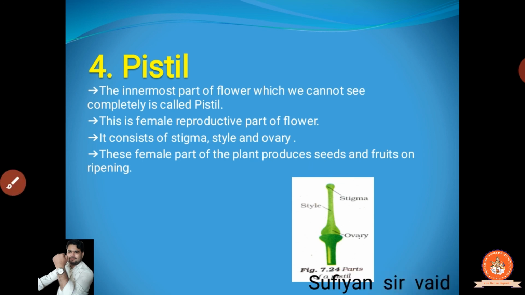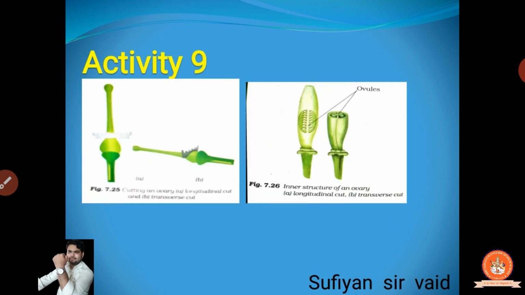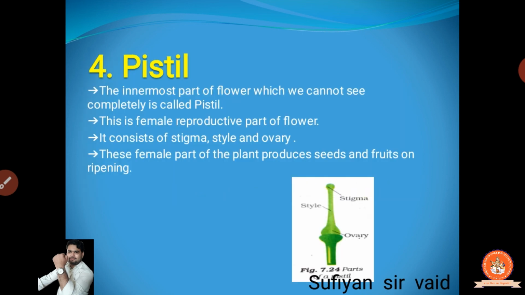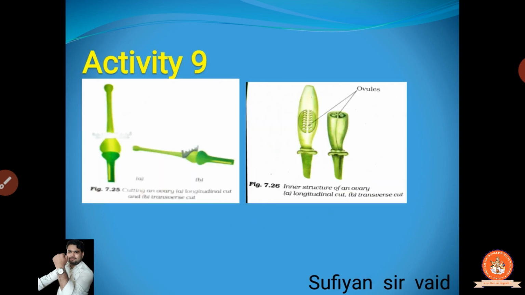Now we will observe that particular part in our activity. What we have to do is take two pistils, and cut one horizontally and the other vertically. Clear? This is the blade.